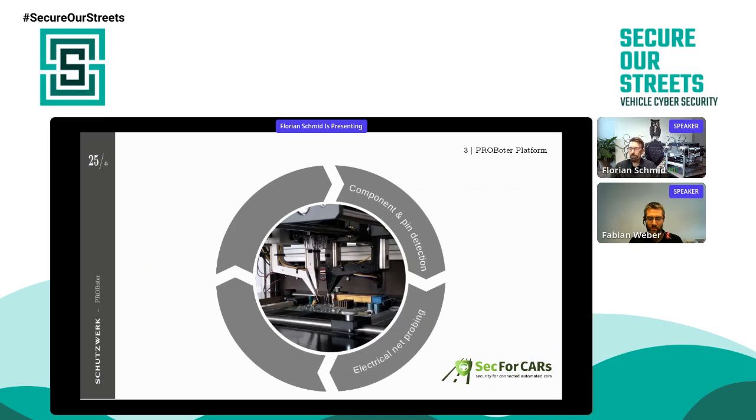Second is to perform the electrical net probing automatically to check which connections are there on the PCB. The fourth step is to measure the voltages that are occurring in an active state and perform an evaluation of those voltages that are occurring on that PCB. And finally, we want this tool to be able to assist us in an attack.